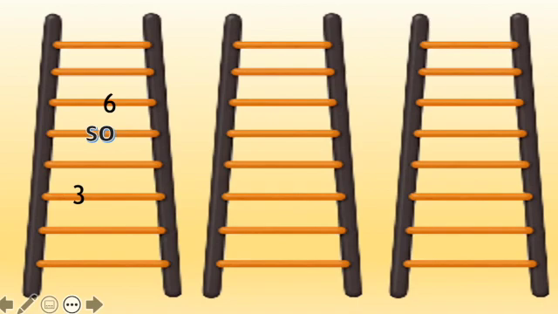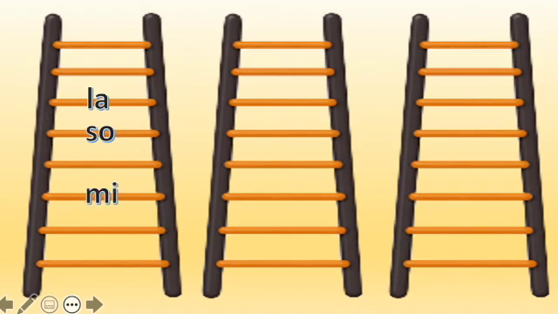Step 5 actually has a different name. Singing numbers would be kind of confusing, so we give each of those steps a name. Step 5 is so. Step number 6 is la.